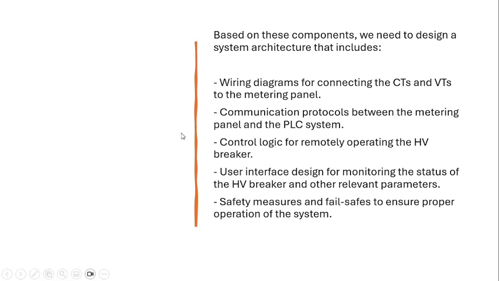Based on these components, we need to design a system architecture that includes wiring diagrams for connecting the CTs and VTs to the metering panels, communication protocols between the metering panel and the PLC systems, control logic for remotely operating the HV breaker, and a user interface design for monitoring the status of the HV breaker and other relevant parameters. We also have to make sure about safety measures and fail-safes to ensure proper operation of the systems.